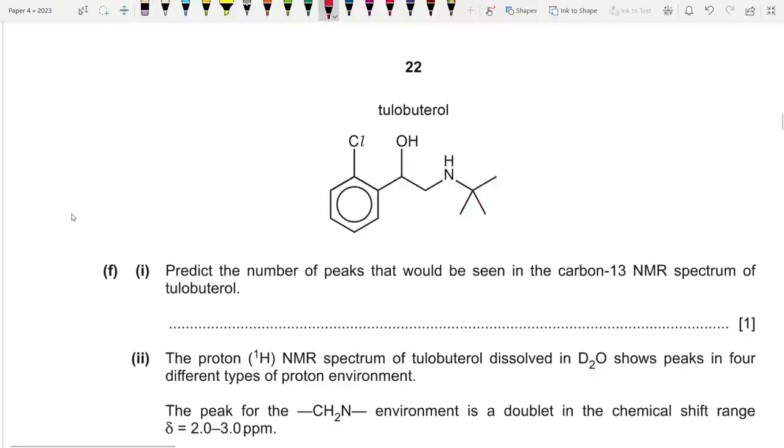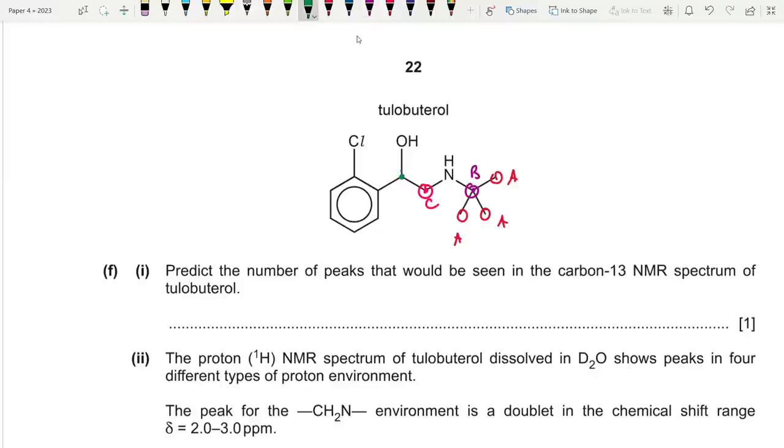So I am going to consider these to be environment A. Next, this carbon is unique, it is environment B. There is no carbon like this, it is environment C, because it's unique, no one is like this carbon. It has an NH on the right and CH, OH on the left. Now this carbon is also unique because it is directly attached to an OH.